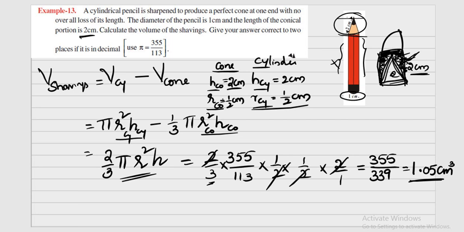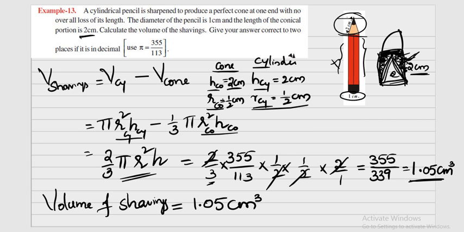This is the volume of shavings, because the waste particles we get after sharpening the pencil are very small in quantity. That's why we get a very small value, 1.05 centimeter cube. This is the answer.